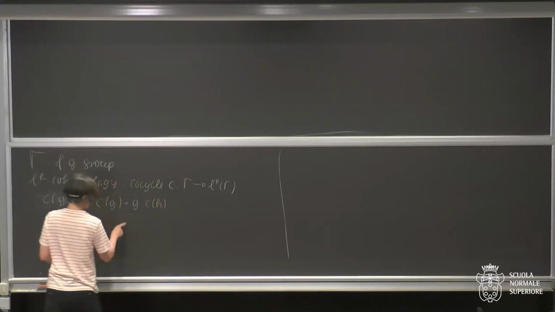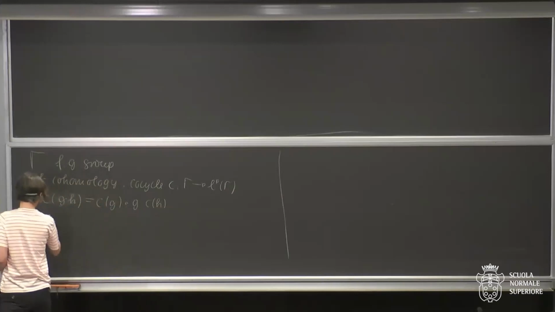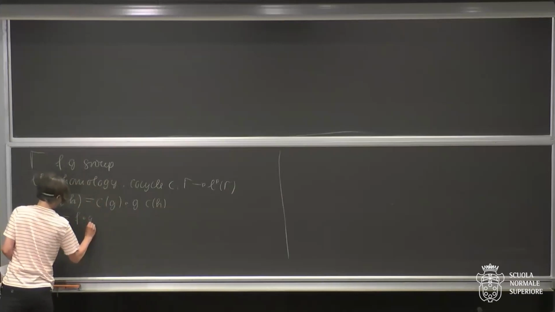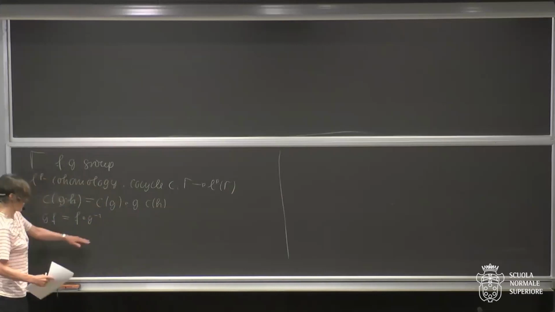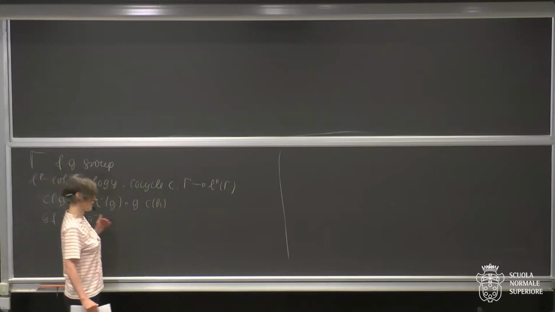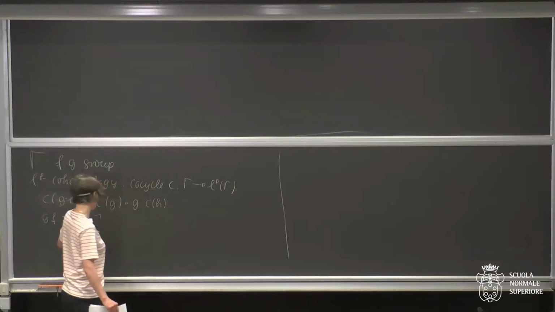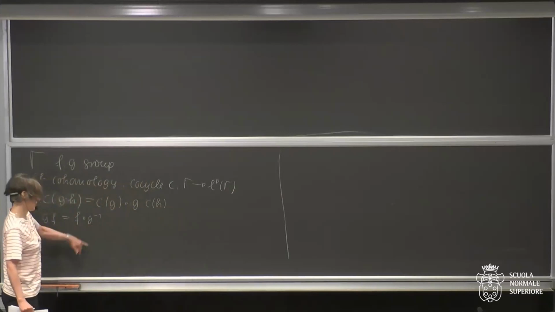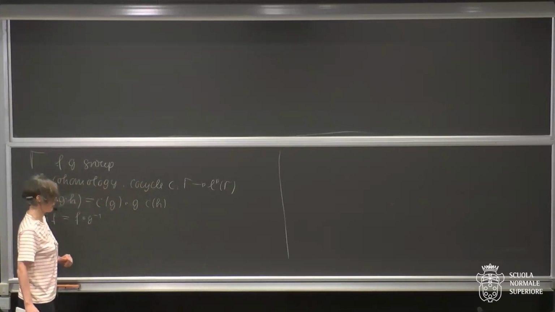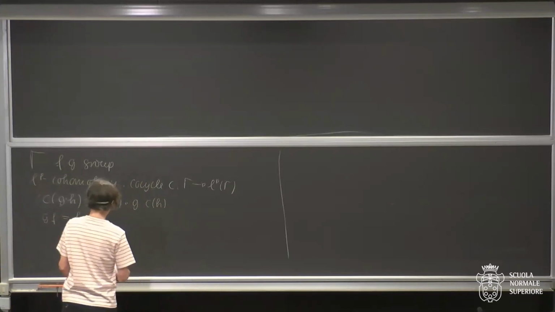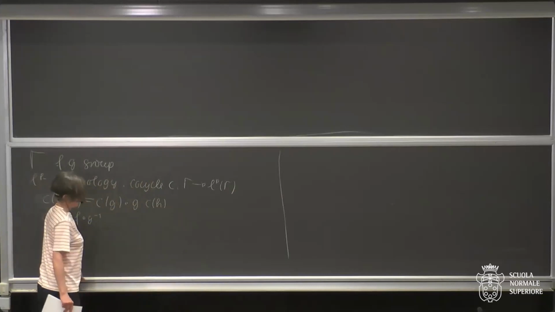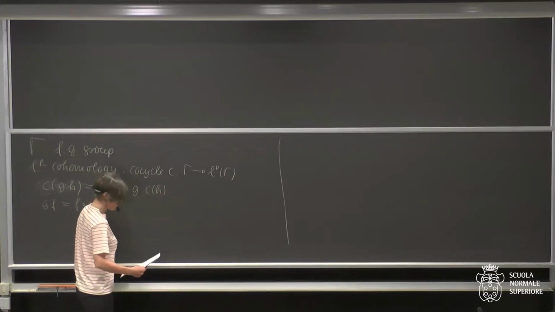And the action of g, I write it from the left, but g f is equal to f composed with g minus 1. So you first let g act as g minus 1 from the right, and then you apply f. That's a standard way to write down the left action of a group on the space of functions.